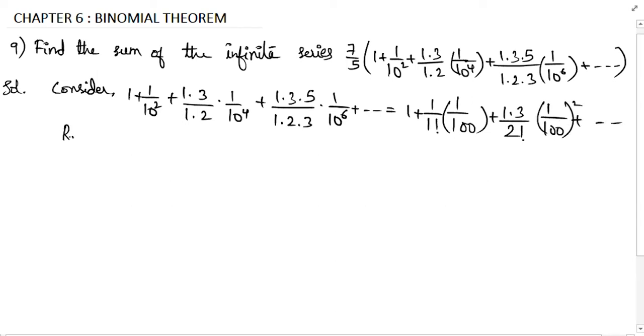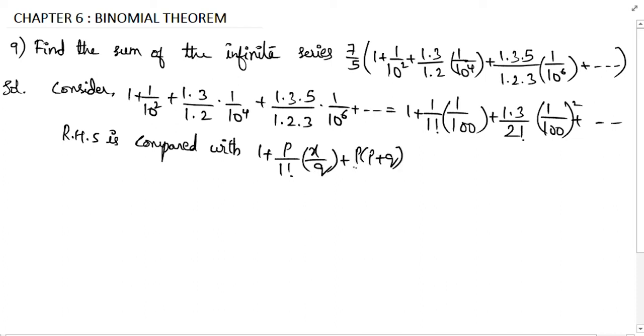So now RHS is compared with 1 plus p by 1 factorial into x by q plus p into p plus q divided by 2 factorial into x by q whole square plus so on.